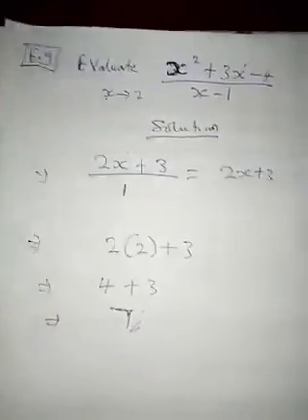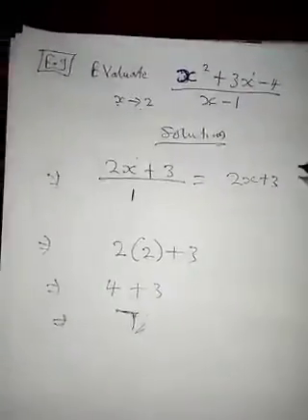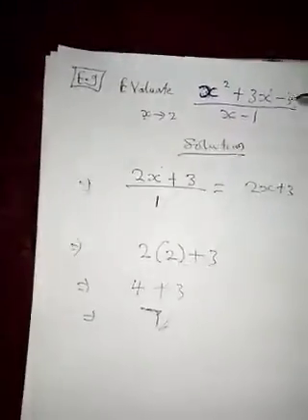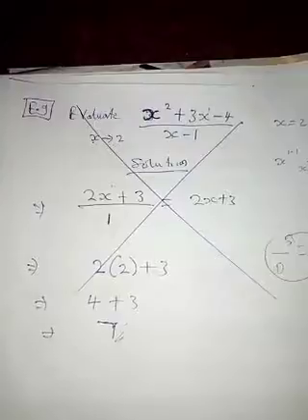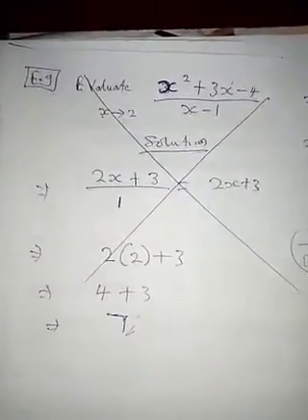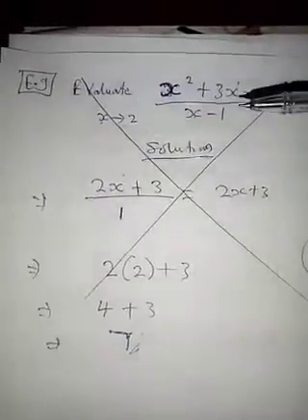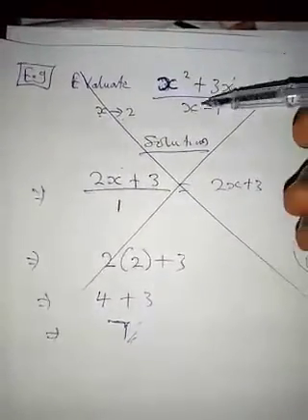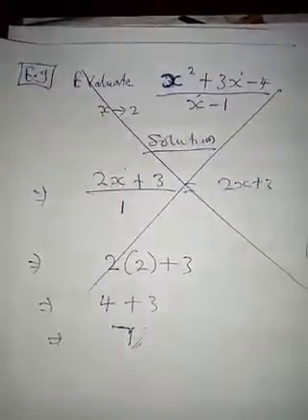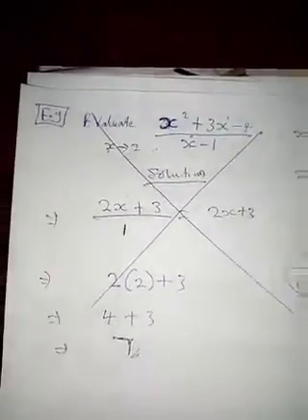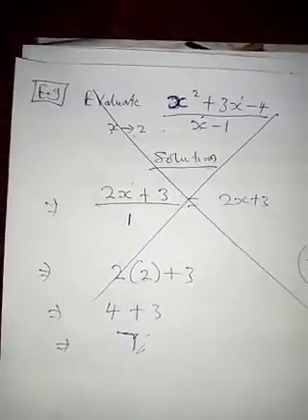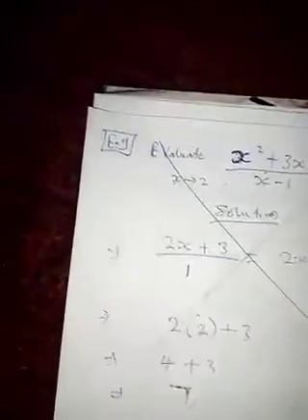That's when we can use this method. We can't just use it anyhow. So this is wrong. We can't use the L'Hospital method for this, because we can factorize this, or we can also use direct substitution to solve it. Direct substitution will work, so we can't use the L'Hospital method for this question.